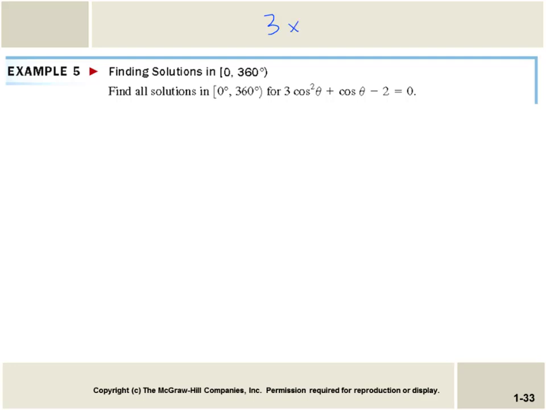Let's say I have 3x squared plus x minus 2 equals 0. Would I add 2 to both sides? No, I factored. Good job, good job. Can you factor this? Okay, good.